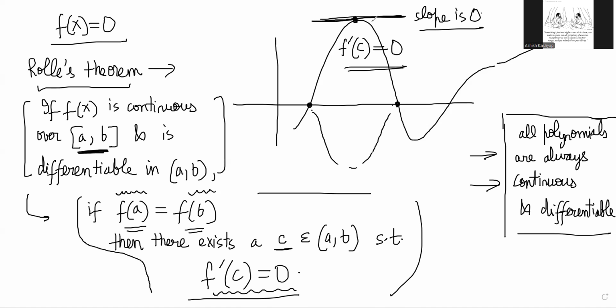That is called a turning point, or a critical point where the derivative is 0. If the values of the function at two points are equal, then the function has to turn. And at that point of turning, the derivative is 0. Now the values at the endpoints don't have to be 0. They can be any value as long as they are equal.